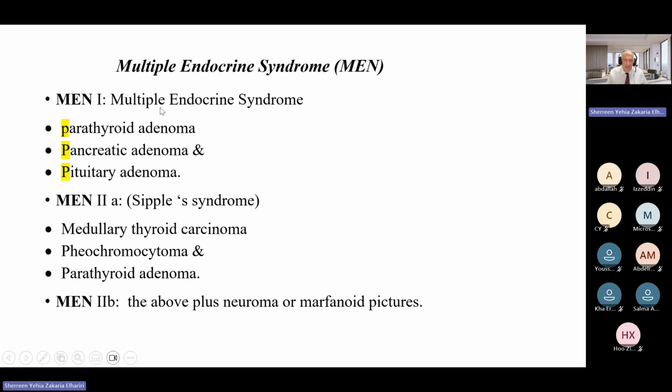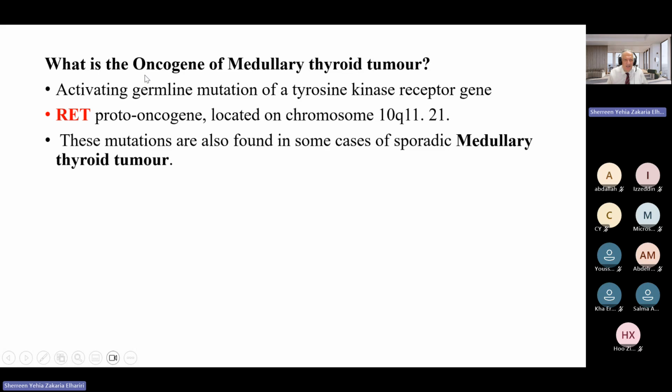Multiple endocrine neoplasia type 1: parathyroid adenoma, pancreatic and pituitary adenoma. Type 2: medullary thyroid carcinoma, pheochromocytoma, parathyroid adenoma, associated with neuroma. The oncogene for medullary thyroid carcinoma is RET proto-oncogene.